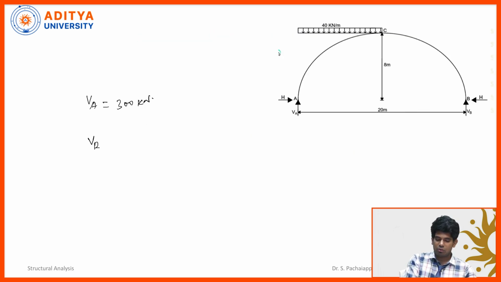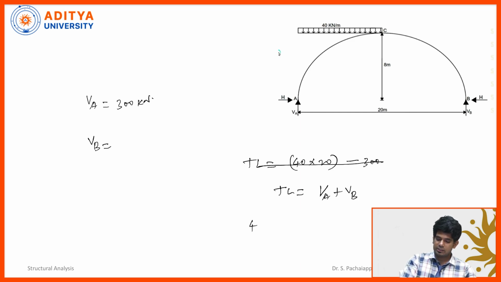Now, what about VB? VB can be calculated by using the total load concept. Total load is equal to VA plus VB.